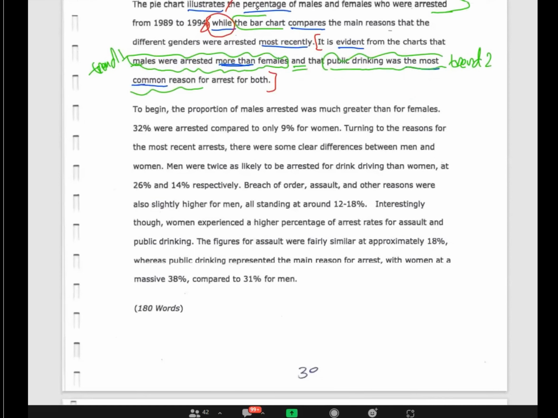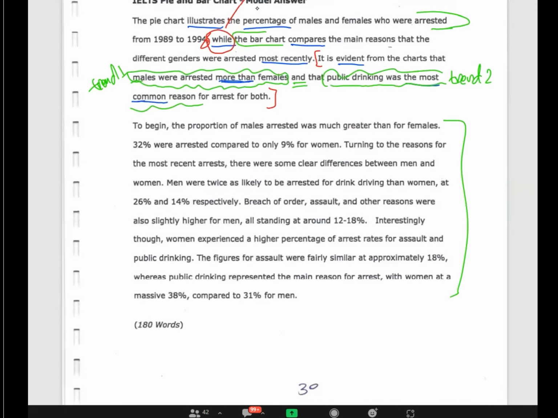Now there is only one body paragraph here, which is enough. It analyzes the reasons here and the pie charts. So when you start the body, you should describe first the first drawing. The first drawing is described here in these two sentences.